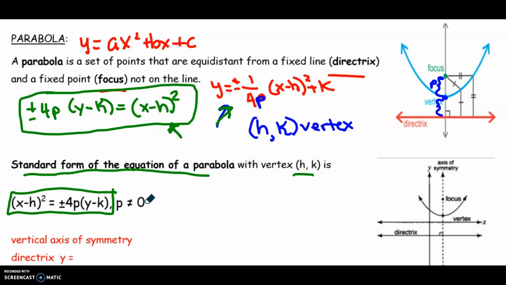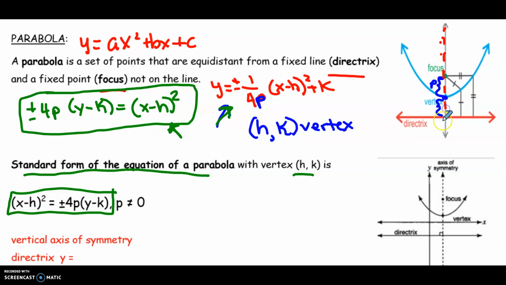Let's talk about some pieces that are important as well in reference to the focus and other properties of the parabola. The axis of symmetry is this vertical line that does divide the parabola into symmetrical halves.